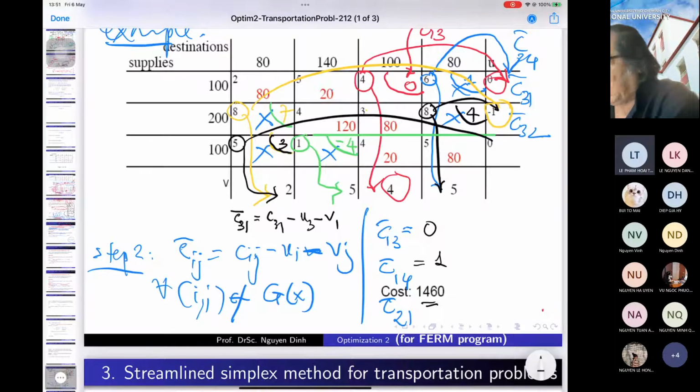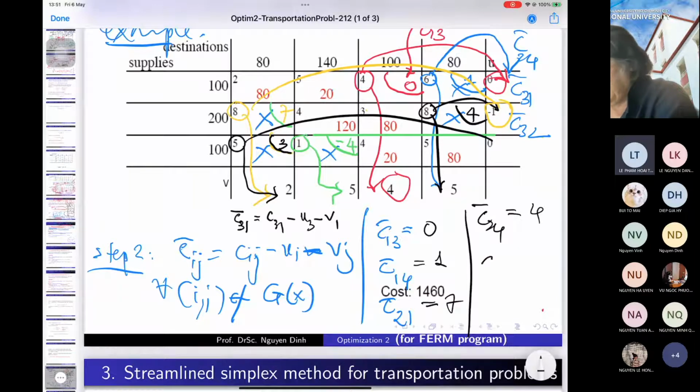C bar 2,1 is 7. C bar 2,4 is 4. C bar 3,1 is 3. And C bar 3,2 is minus 4.